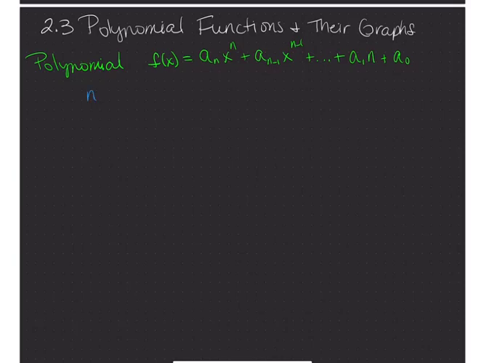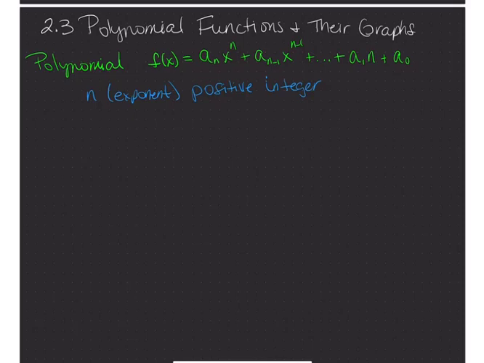But what we need to know from this, or from any polynomial, is that our n, and where is our n? Our n is the exponent, yep. Our exponent always is going to be a positive integer. So if we look at the definition, all of our exponents are going to be positive integers.